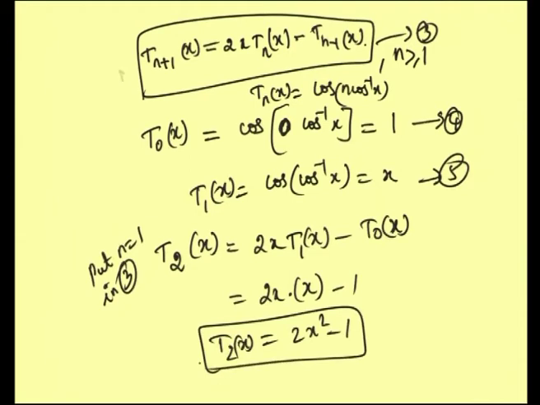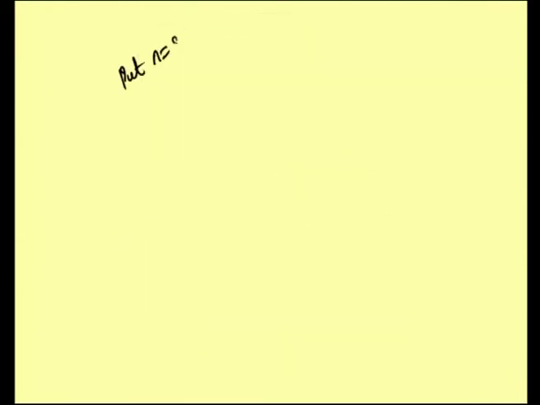Then when you put n equal to 2 in equation 3, we get T3 of x equal to 4x cube minus 3x.